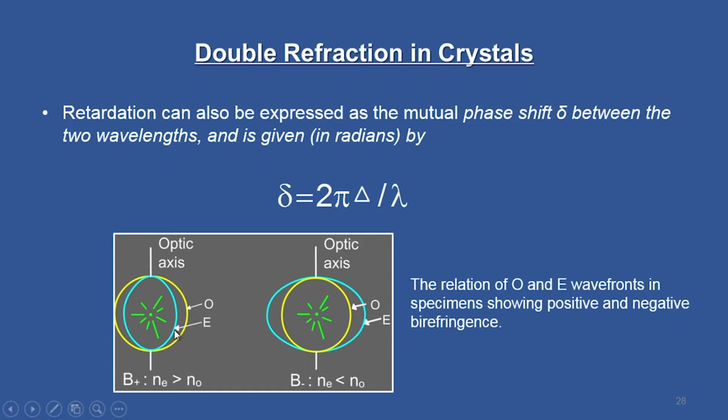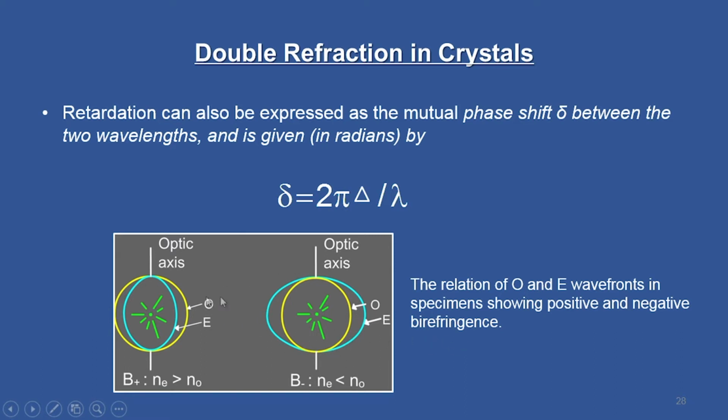You have a positive B value when the refractive index of the extraordinary ray is greater than the ordinary ray, and you have the reverse scheme, a negative B value, when the refractive index of the extraordinary ray is smaller than the ordinary ray.